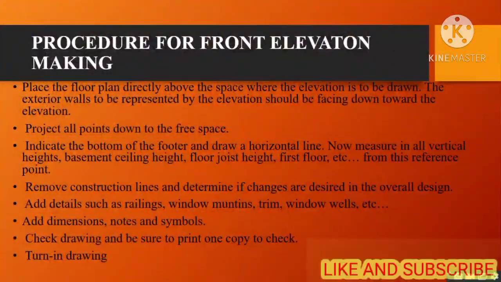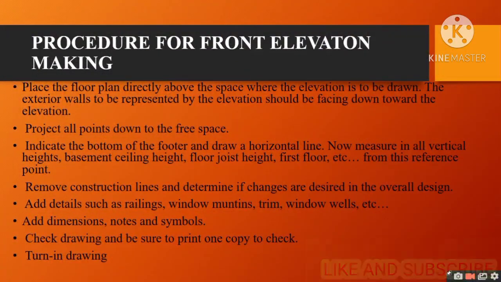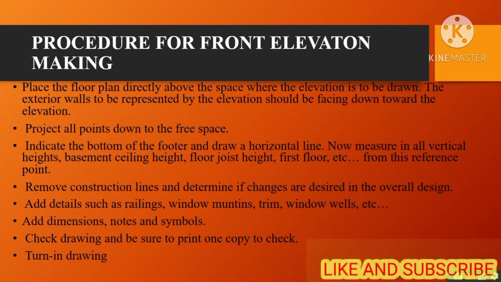So the procedure for front elevation making: place the floor plan directly above the space where the elevation is to be drawn. The exterior wall to be represented by the elevation should be facing down toward the elevation. Project all the points down to the free space.